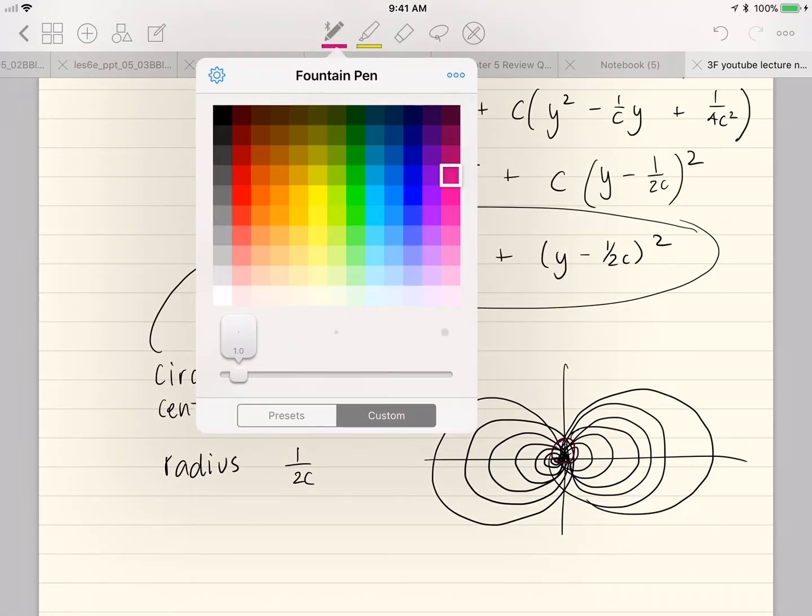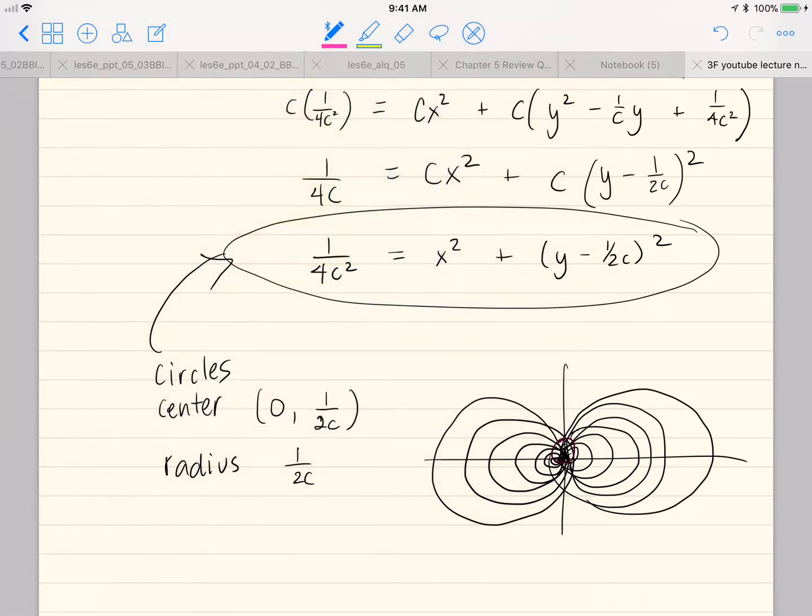Let me get a different color so it's more visible. These circles are going to be tangent to the x-axis, because the centers are 0, comma 1 over 2c, and the radius is 1 over 2c. So these are going to be circles that are always going through the origin.